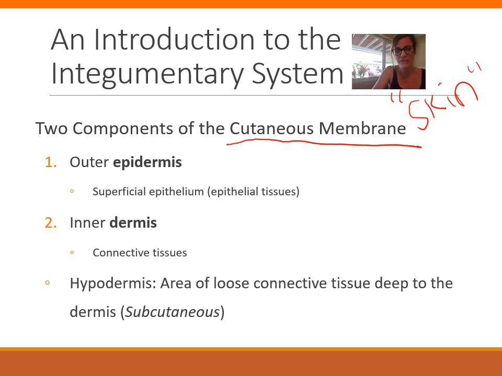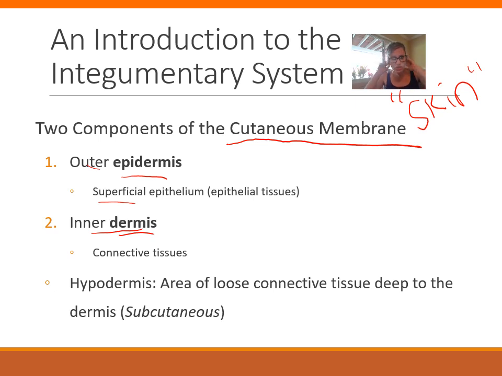There's the epidermis and the dermis. The epidermis is the outermost layer. This is the superficial layer that you can see and feel and touch. So you're looking at my epidermis right now. The deeper layer underneath the epidermis, the inner layer of the skin, is called the dermis.